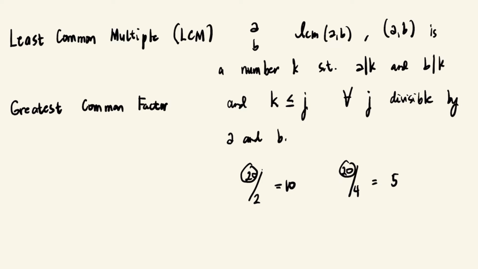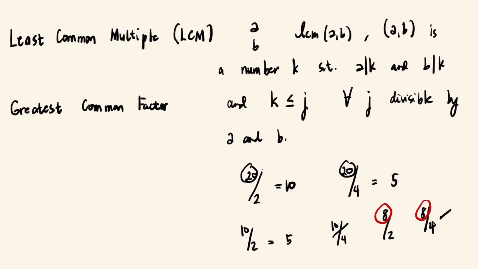But I'm not really saying that 20 is the LCM already, because we can find another. Let's say 10. 10 here is divisible by 2 and you get 5. Is 10 divisible by 4? No. Let's say 8. 8 is divisible by 2 and 8 is divisible by 4. So 8 here is also a candidate for LCM.